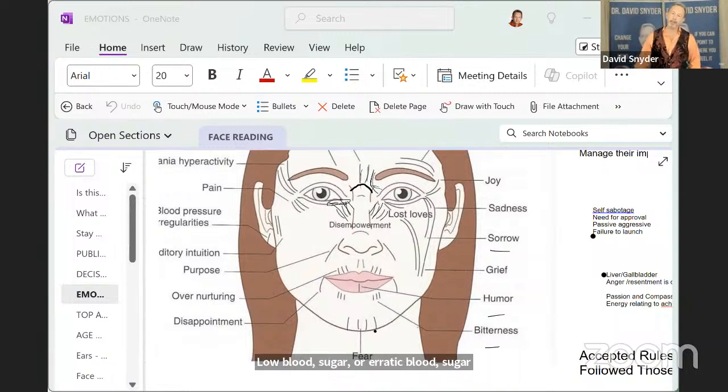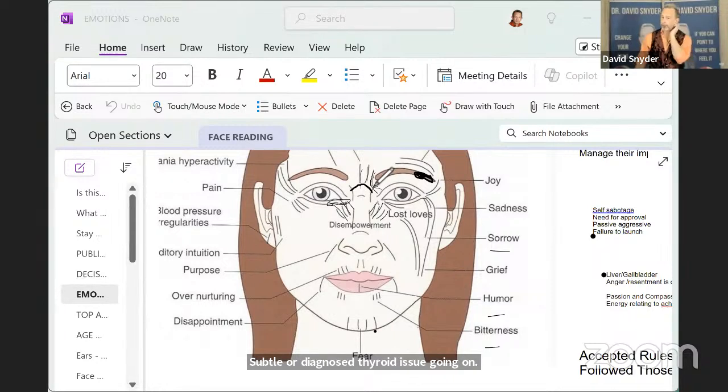If you see that marking, and they also have part of their eyebrow missing, like a very short eyebrow, now you're looking at somebody who probably has some kind of subtle or diagnosed thyroid issue going on.